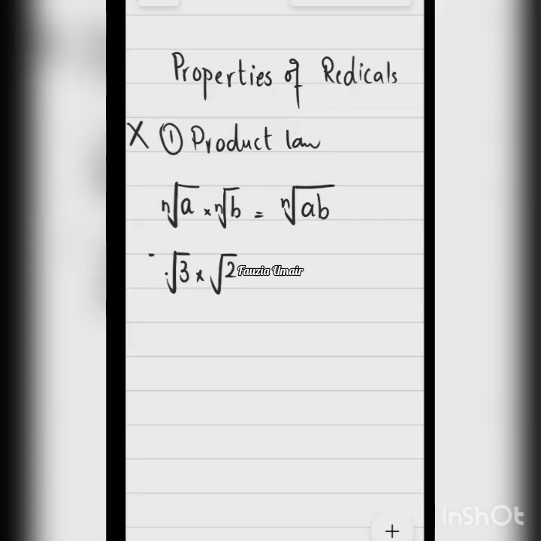Can anyone tell me what is the radical index? Two. Yes, it is 2. So they both have 2 as the index. It means that it's the same index, so we can apply product law. So what will be the answer? What will be the answer according to this law?